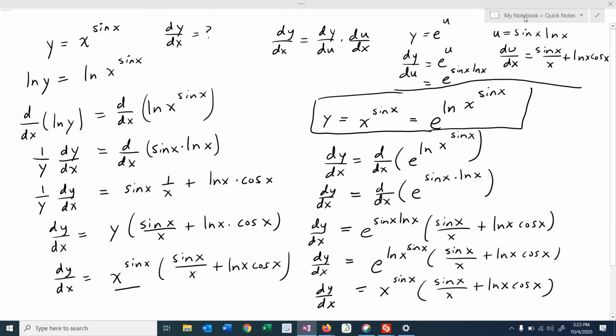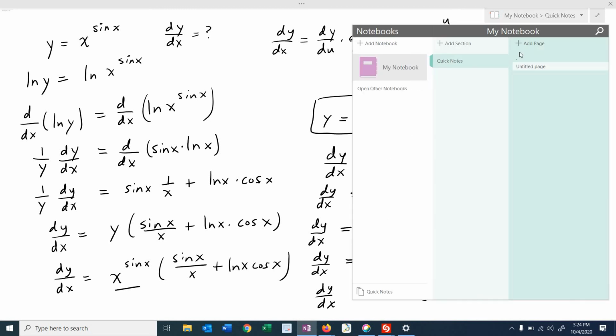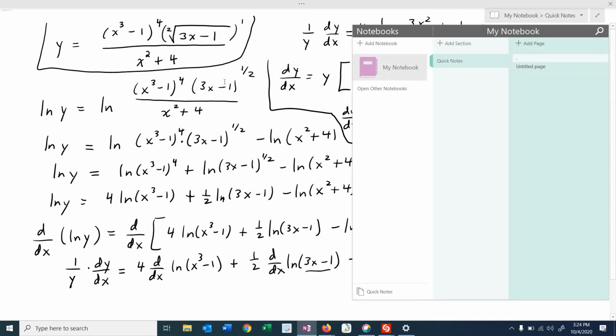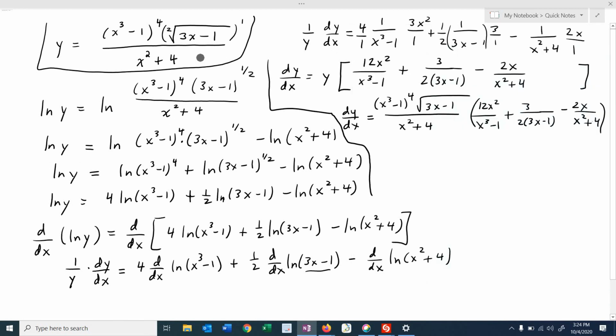I will say this. When you have a tower function like this, you have an option, right? You can do it one way or the other. But when you have a function that looks like this, and you're trying to avoid using the quotient rule, then it would probably be better to do this using logarithmic differentiation, although I don't think it matters, actually.